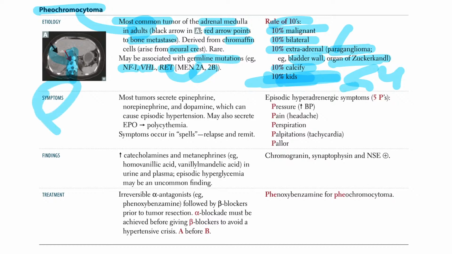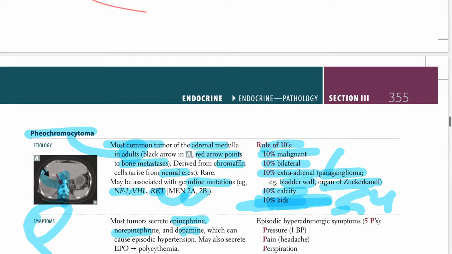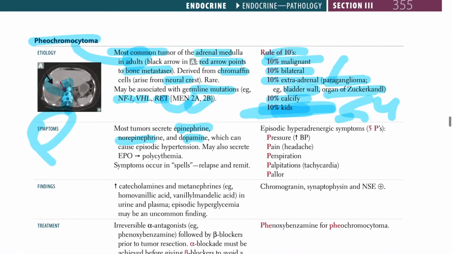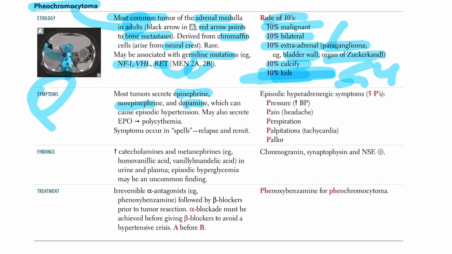Then you have the symptoms that you are going to see. Most tumors secrete epinephrine, norepinephrine, dopamine, which we mentioned here. Dopa, norepi, epi, right? Which can cause, high yield, episodic hypertension, recurrent episodic hypertension.